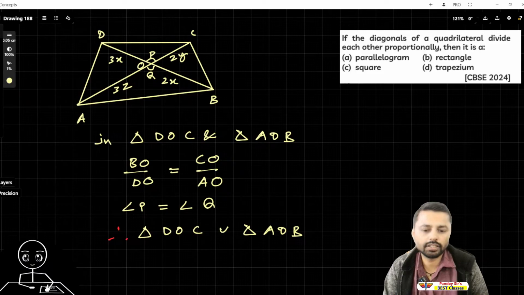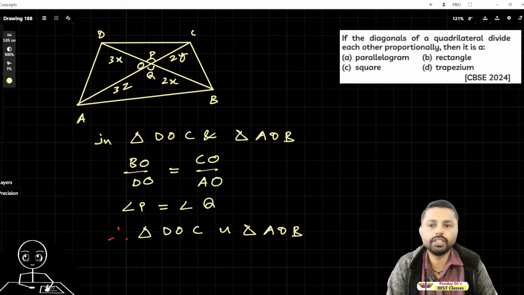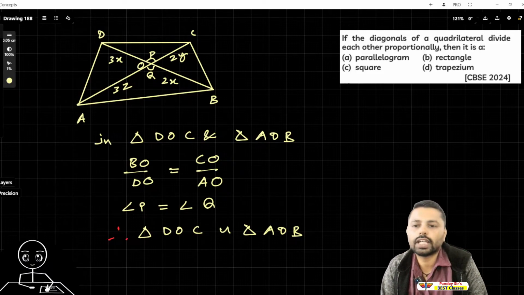They are similar triangles, which means their corresponding angles will be equal. Let's call it angle 1, angle 2, angle 3 and angle 4.